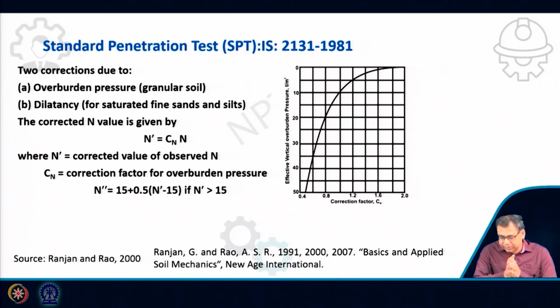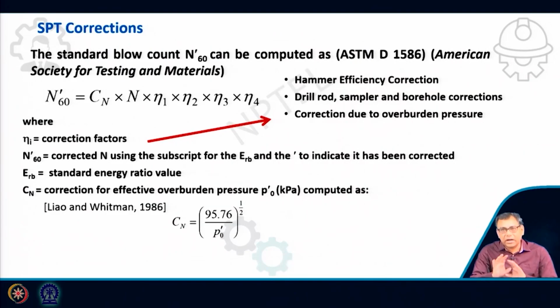This IS code is recommending that, but in addition to that, there are other corrections also. The standard blow count N-60 may be computed as per ASTM D1586. This test says that we have to determine N-60.